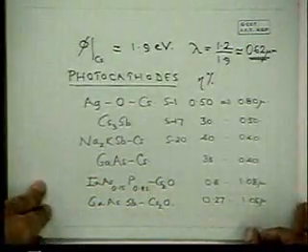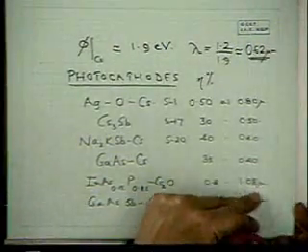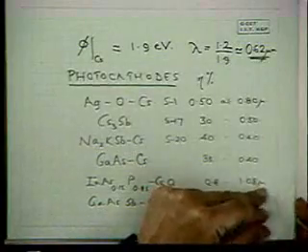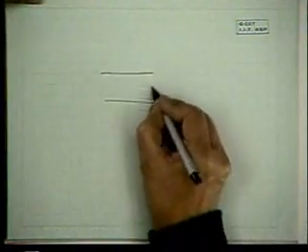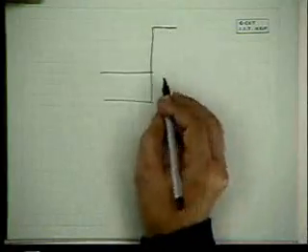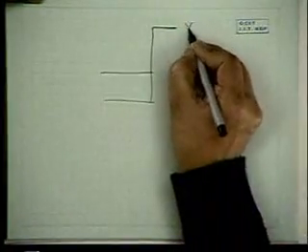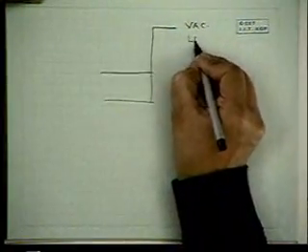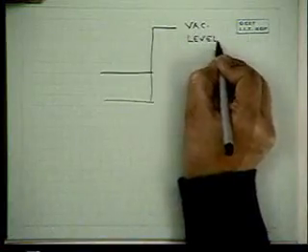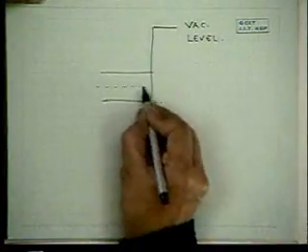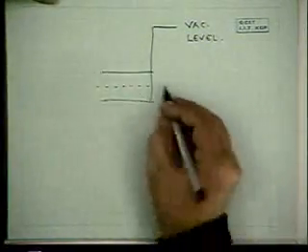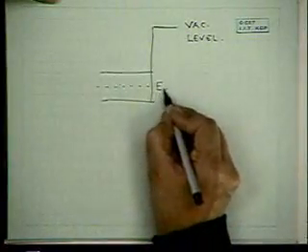This came about through detailed understanding of the properties of semiconductor surfaces. So if we look at the band diagram at a semiconductor surface, if this is the vacuum level, in a semiconductor which is not degenerate, the Fermi level is somewhere in the middle of the band gap.